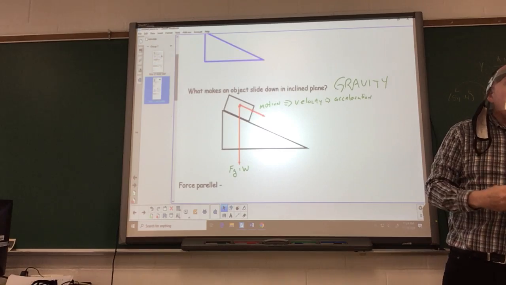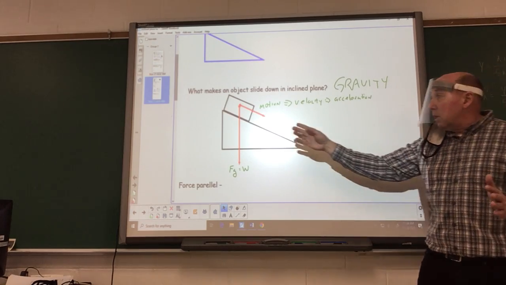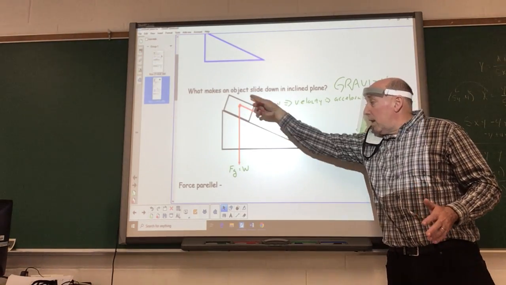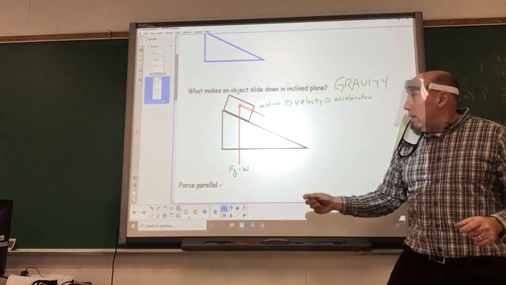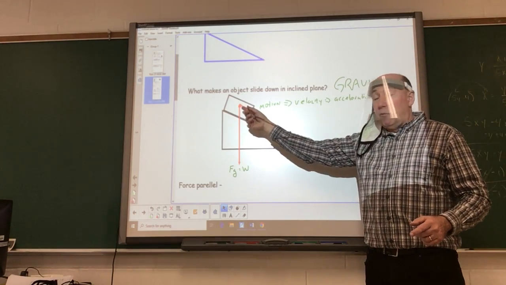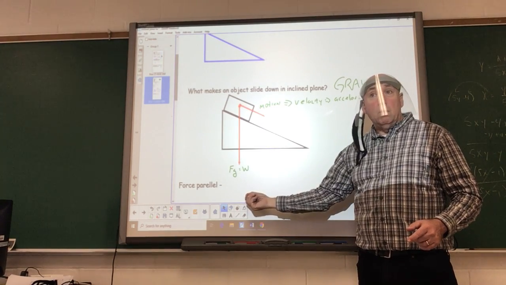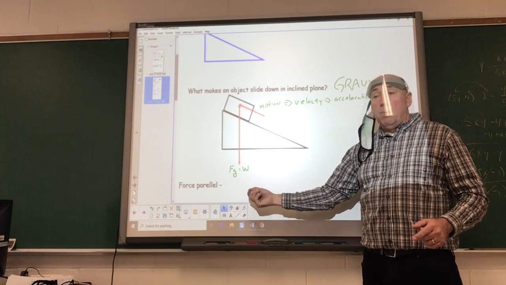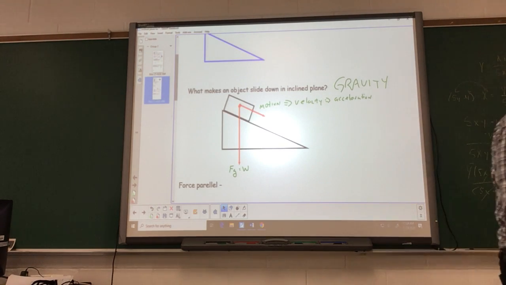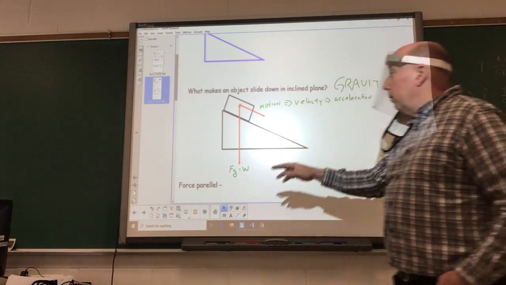So we have a problem there, because we're talking about motion this way, the force is going this way. Well, the force should be pulling it straight down. Why? Because the force is going to give you a direction for motion. And we don't have that here.